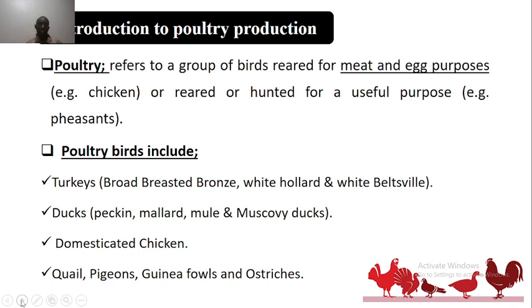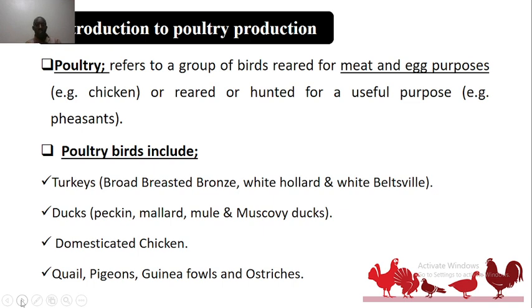We can look at ostriches. We rear ostriches for the purpose of meat. We look at pigeons, it's the same, it's meat. We look at goose, they rear them for meat or egg. We look at the quail, they are reared for meat or egg. So any bird that is reared for the purpose of meat and egg production is referred to as poultry.